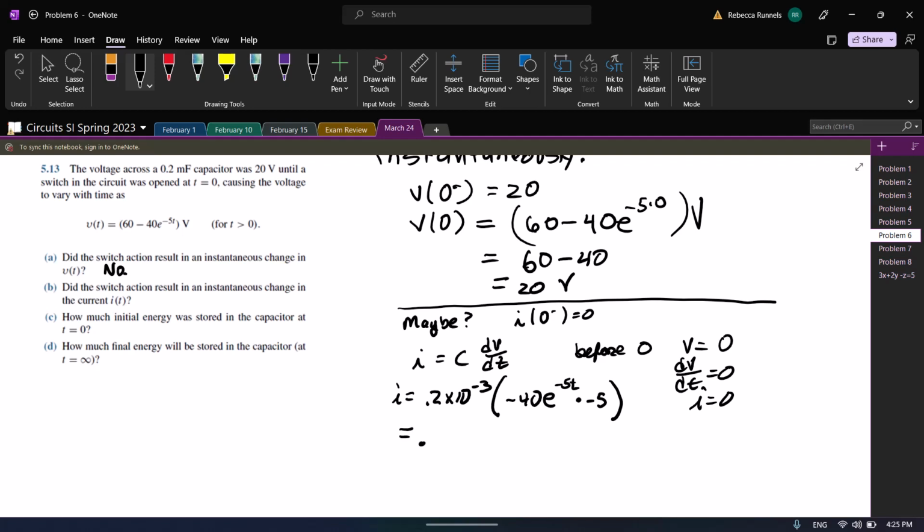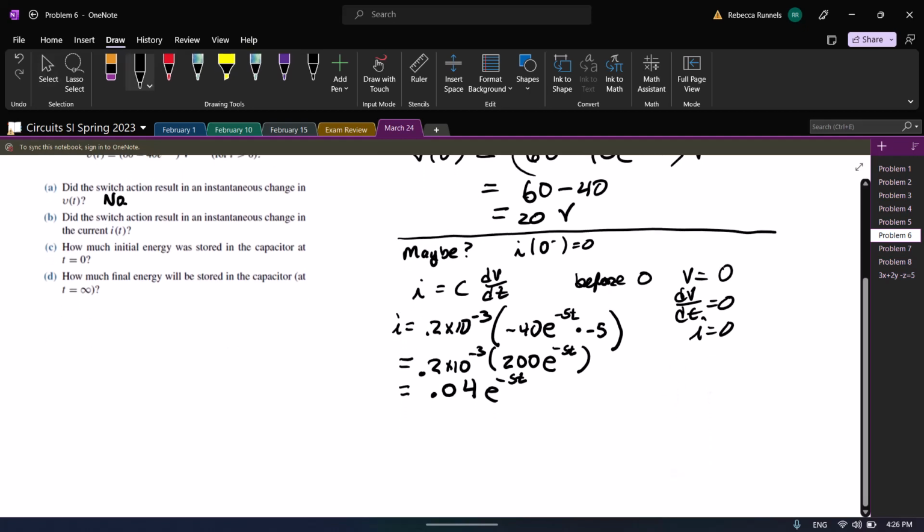And so that's 0.2 times 10 to the negative third times 200 e to the negative 5t, which is 0.04 e to the negative 5t.